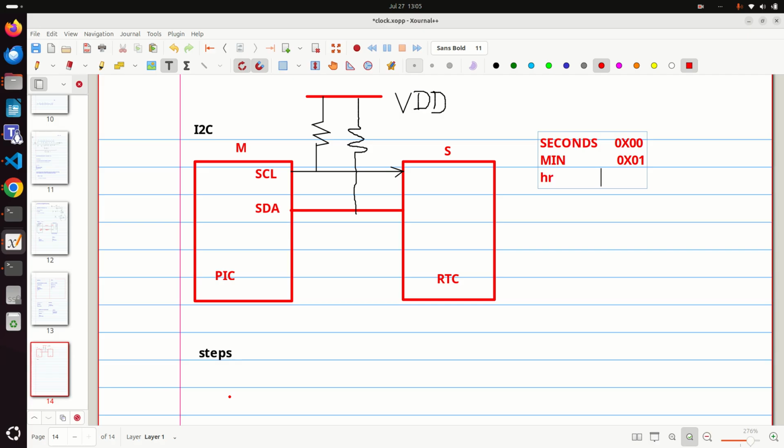And the address of this register is 0x02. Not only this, it also has date, then month, year, like that. Calendar also it has. So all this data is in the RTC, that is nothing but registers.